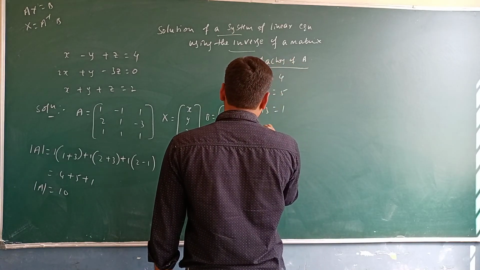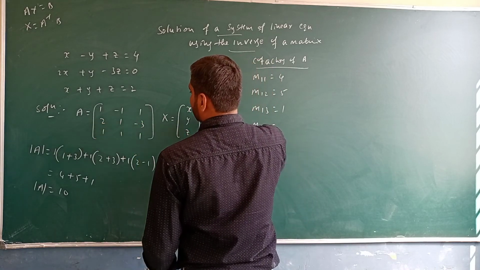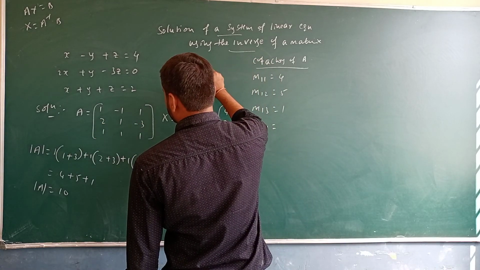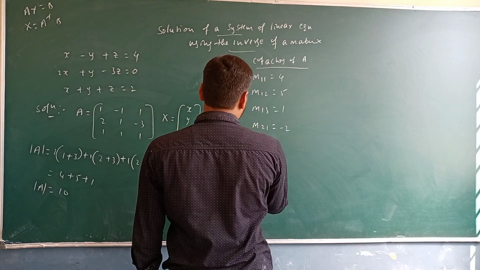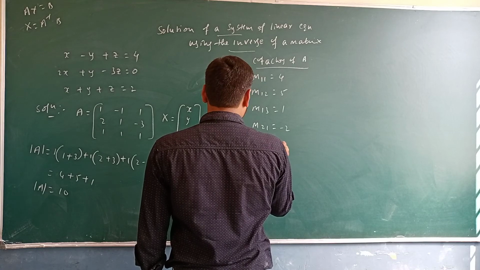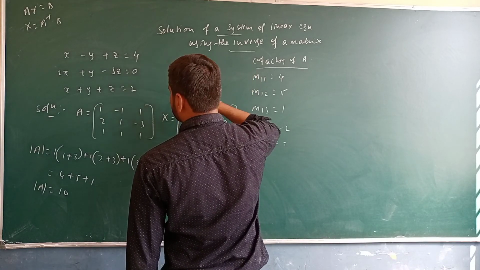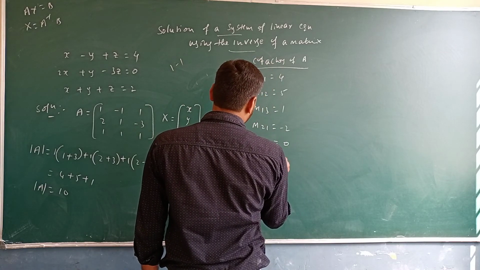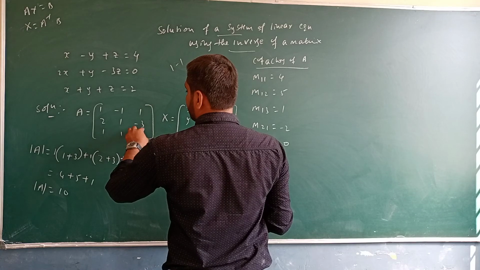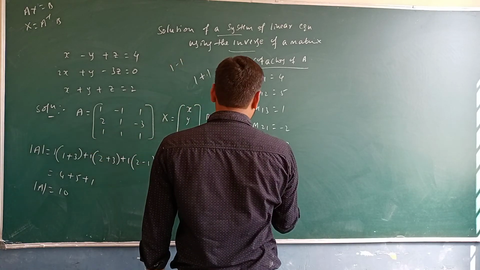Then M21 is minus 1 minus 1, that's going to be minus 2. Then M22 is 1 into 1 minus 1, which is going to be 0. Then M23 is 1 plus 1, that's going to be 2.